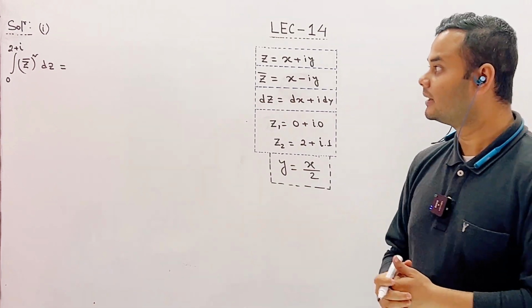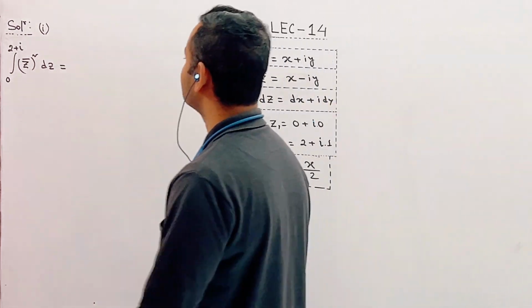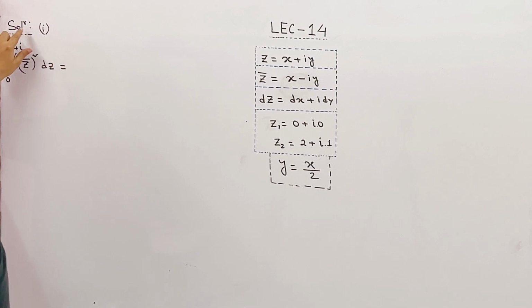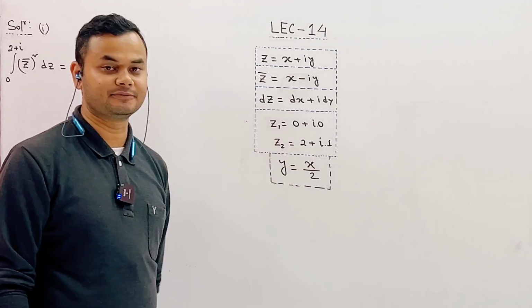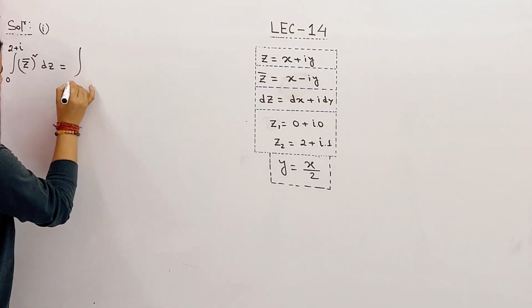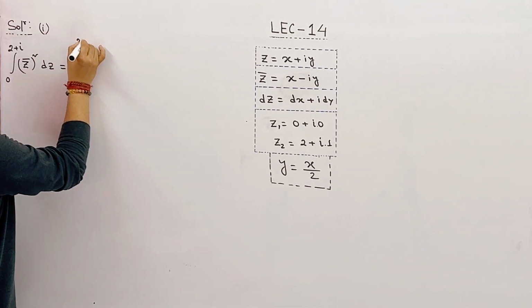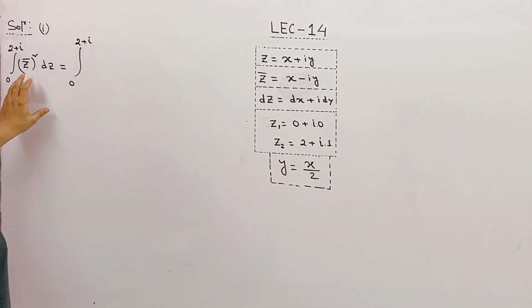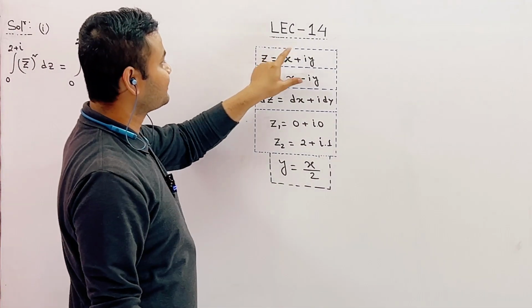Now, let us solve the problem number 1. So, according to problem number 1, we have to solve this integral along the line y equal to x by 2. So, let us solve. Integration 0 to 2 plus iota. We know that z equal to x plus iota y.